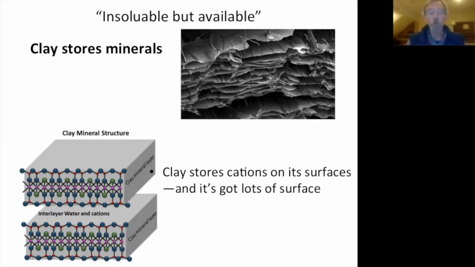Certain clays are quite good, but many clays are pretty good at holding cations and making these nutrients insoluble but available, because they don't wash off in the rain, but plants can secrete acids to pull them off of the clays, and many animals can secrete either acids or enzymes. Bacteria, fungi, and a lot of other little critters can secrete acids that will help pull those minerals off. And they only consume as much as the organism needs, and then they leave all the rest.